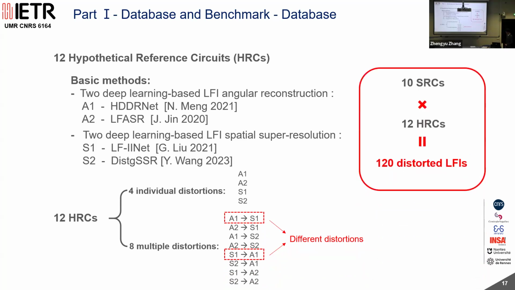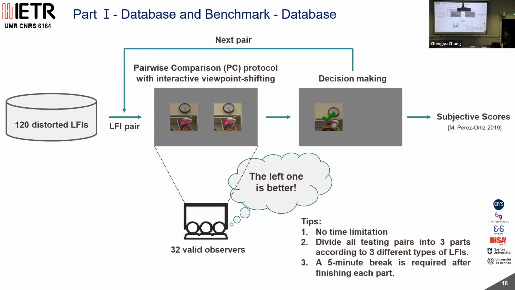In summary, we have 10 SRCs and 12 HRCs, so there are 120 distorted light field images in our database. Then we conduct subjective tests to collect subjective opinions on the distorted light field images from 32 observers. In the test, we use the pairwise comparison protocol with interactive viewpoint shifting to obtain the subjective opinions.